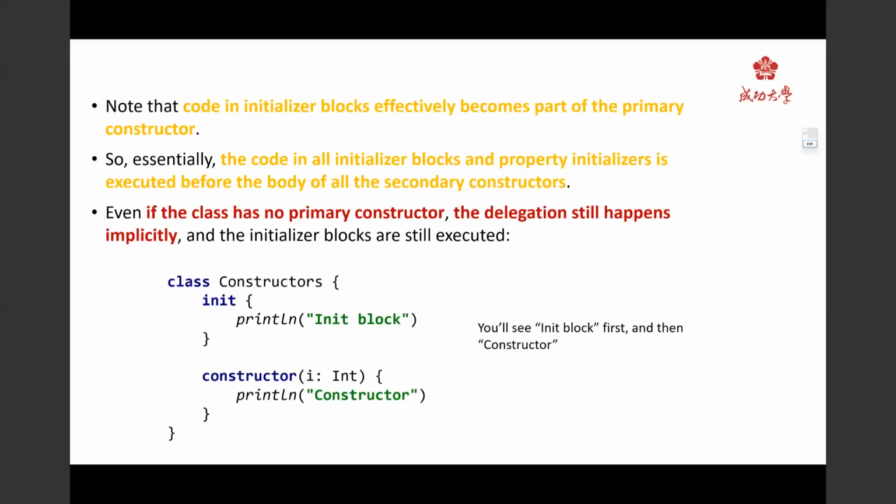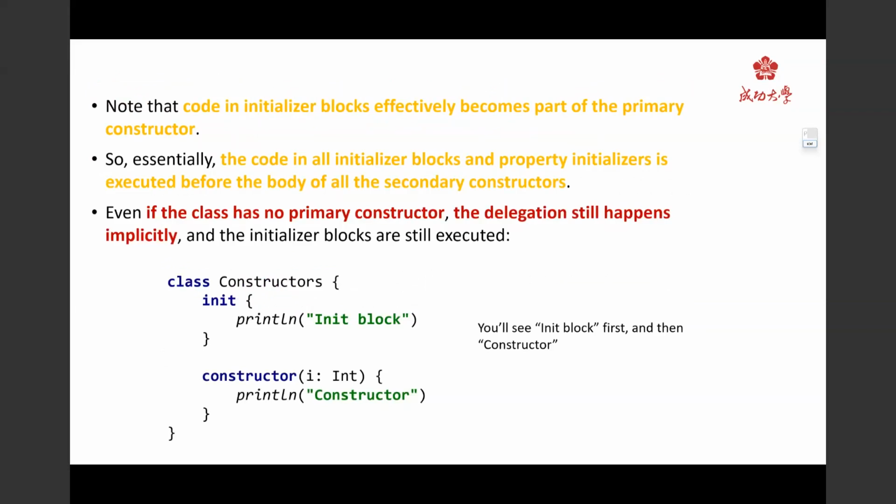You might be wondering what the relationship is between the primary constructor, the init blocks, and the secondary constructors. What's their order of execution? Essentially, the code in initializer blocks effectively becomes part of the primary constructor.